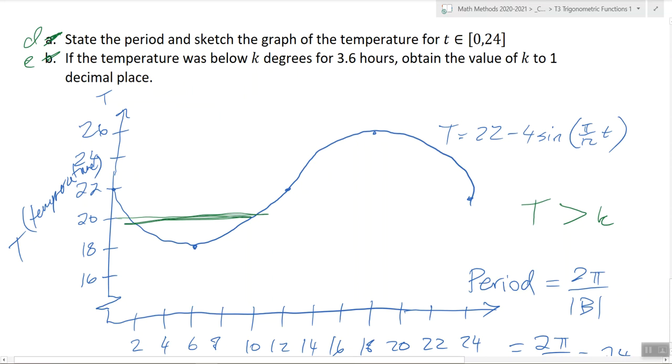How can we find the exact time? Any ideas? When is the lowest point? 6. So then we could plus or minus what to that 6 to find the answer?